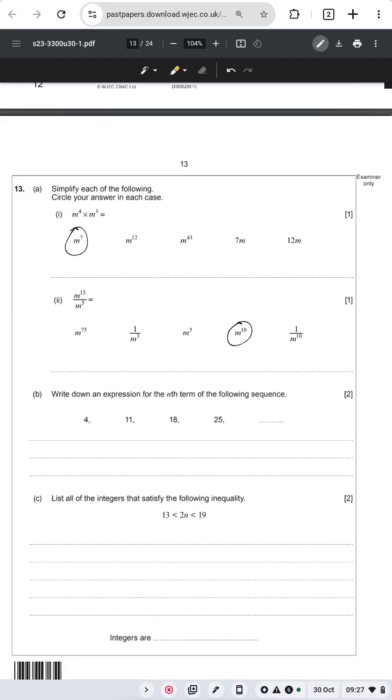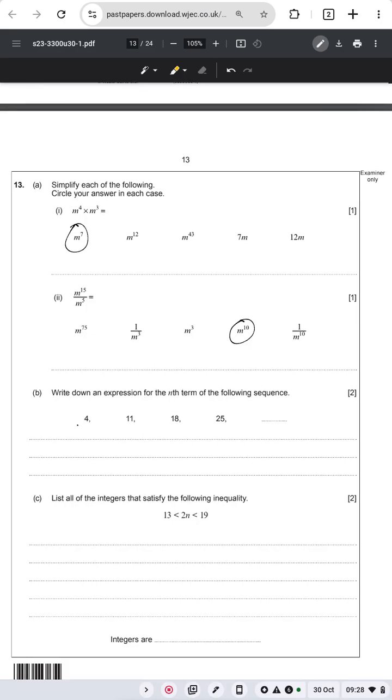Write down an expression for the nth term in the following sequence. So this is arithmetic, so it's going up by 7 each time. There's a number of ways we can write this. We can take the first number, which is a, and call the difference equal to 7.